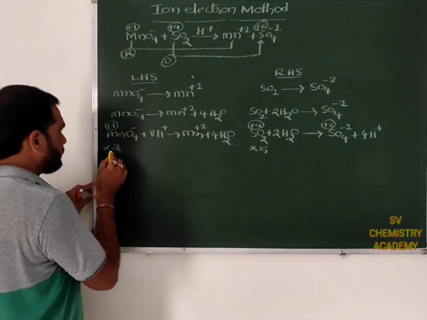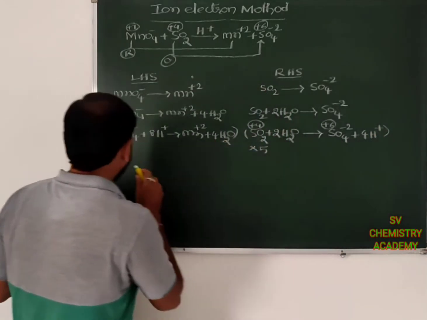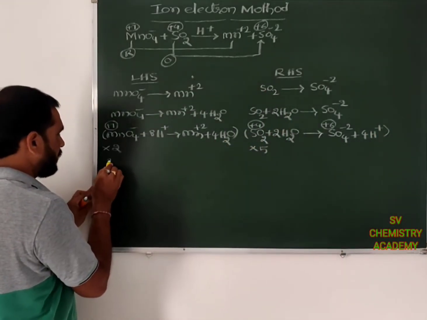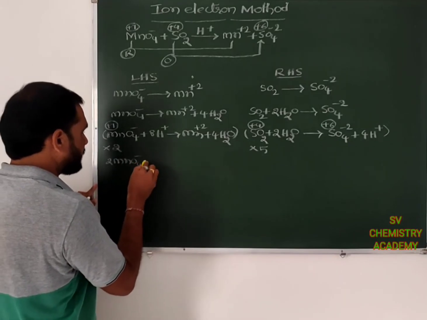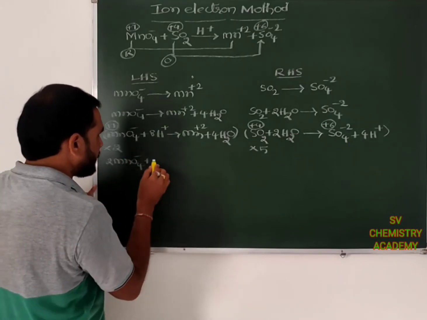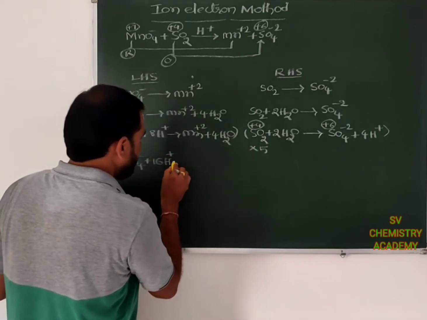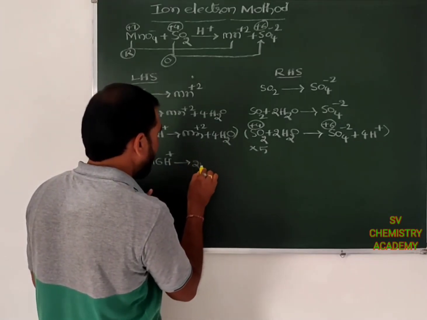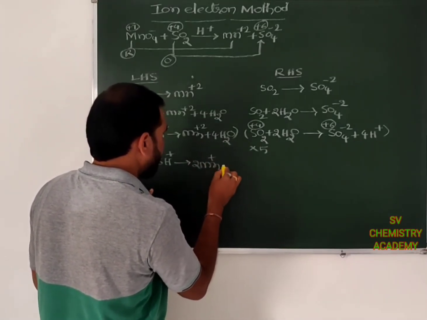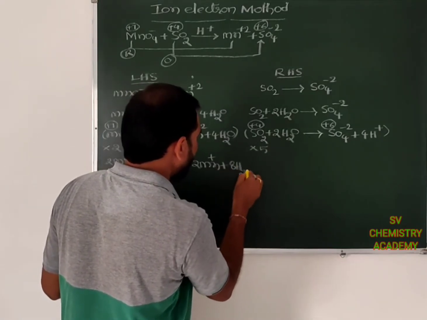Then multiply here: 2 into MnO4 minus plus 2 into 8, 16 H plus. Okay. Gives rise to 2 into Mn plus 2 into 4, 8 H2O. Is it clear?